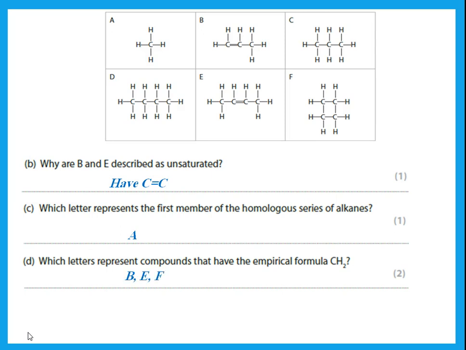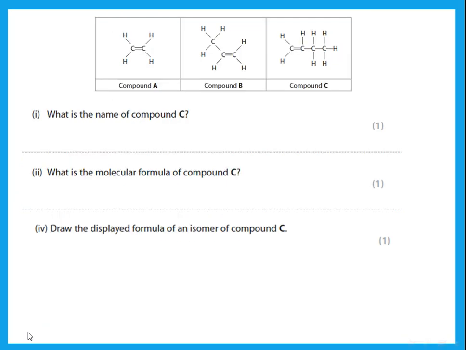So which ones? If you look at B and E are alkenes. And remember, we said the general formula for alkenes shows that the hydrogens are twice the carbons. But you also have F, because F is what we call a cyclobutane. So it also has the number of hydrogens twice the number of carbons.